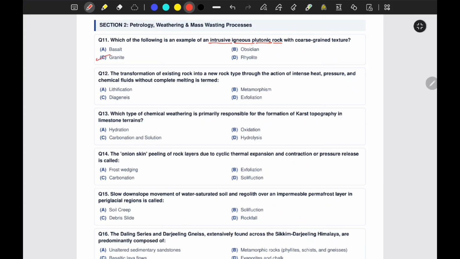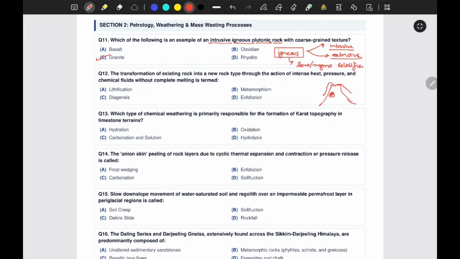See, when we talk about igneous rock, what is igneous rock, okay? Igneous rocks are those rocks which are formed when lava or magma solidifies. There are two types of igneous rocks: one is intrusive and the other is extrusive. What does intrusive mean? For example, suppose this is a volcano and there is magma flowing.